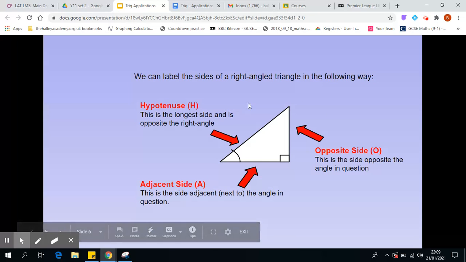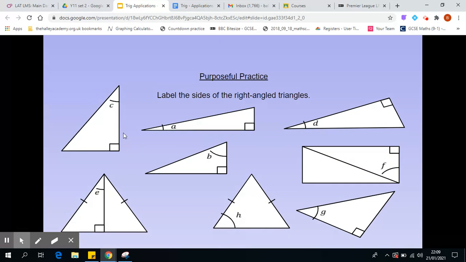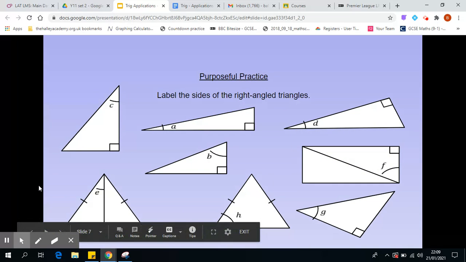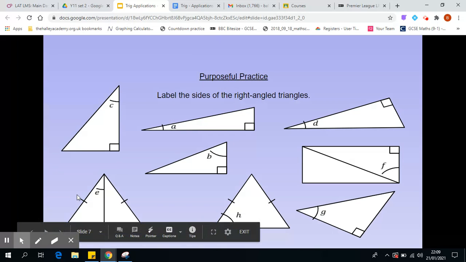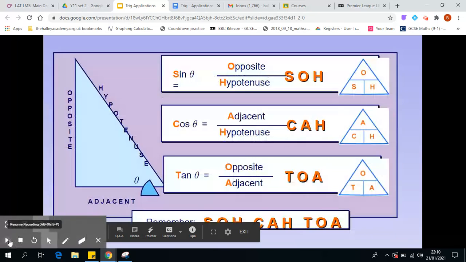It is important you name the triangle correctly. I have questions on slide 7 asking you to name the triangles. Could you please label the triangles and check your answers, which are given in slide 8?